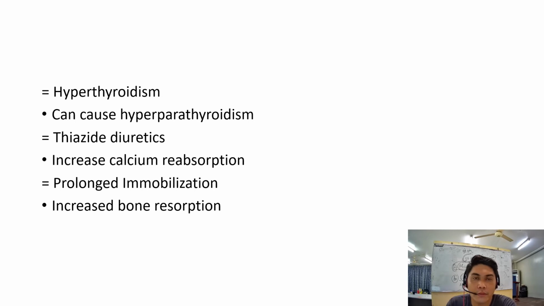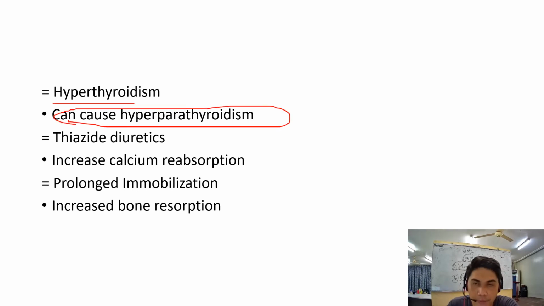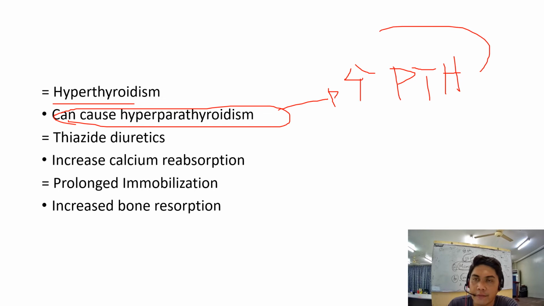Okay, so continuing, next you have hyperthyroidism. It can cause hyperparathyroidism, and if there's hyperparathyroidism, you have an increase in PTH level. So increased PTH results in increased calcium concentration. Next, you have thiazide diuretics.